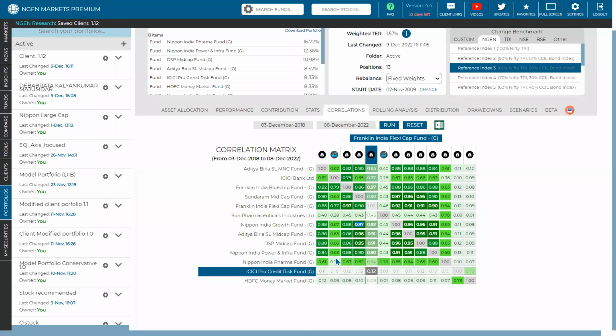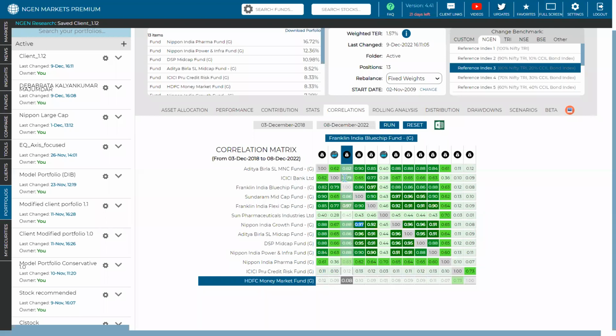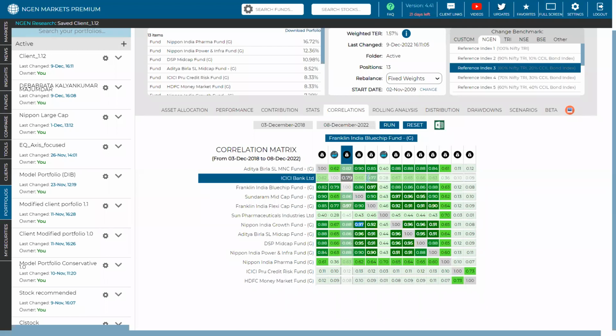Another great case study here is ICICI Bank Limited. Now you can see Franklin Blue Chip and ICICI Bank, one is a stock and another is a mutual fund. It has a correlation that's closer towards 1. Similarly, you can see it for Franklin India Flexi Cap. Franklin Flexi and Blue Chip are actually very correlated. You can see here 0.97.